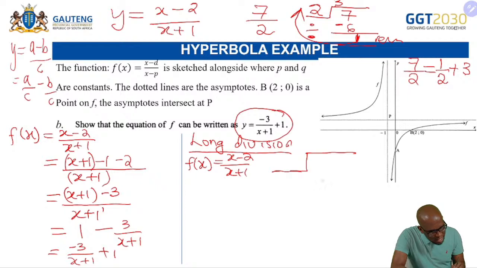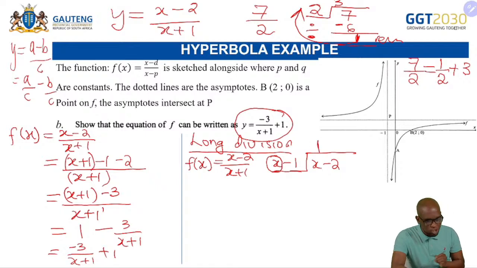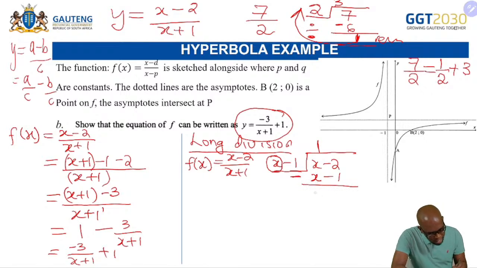What I'm dividing is x minus 2. What am I dividing it by? I'm dividing it by x minus 1. If I do so, I check how many times does x go into x. It goes into x 1 time, or x divided by x is 1. Write that as the quotient, and then you multiply. You get x, you get minus 1. Now, if you subtract, x minus x here, you get 0.